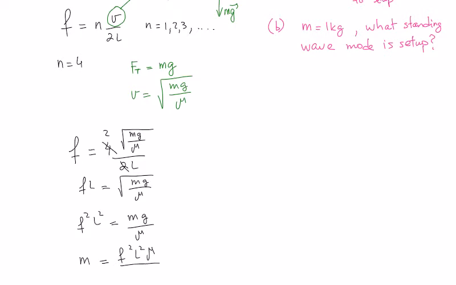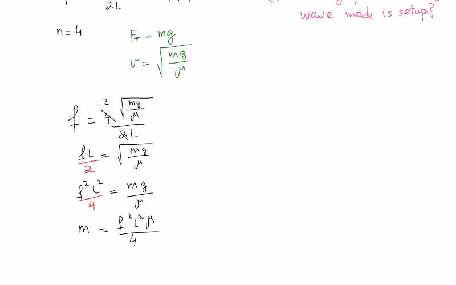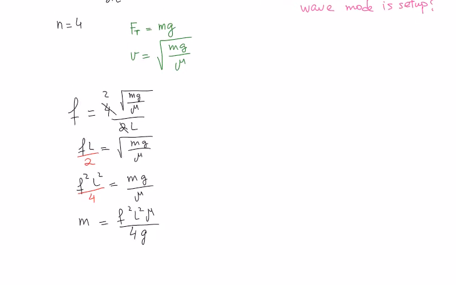It seems like I skipped the 2 here, so let me add that in red. That's divided by 2, so this would be divided by 4, and so I have a 4 down here with g.